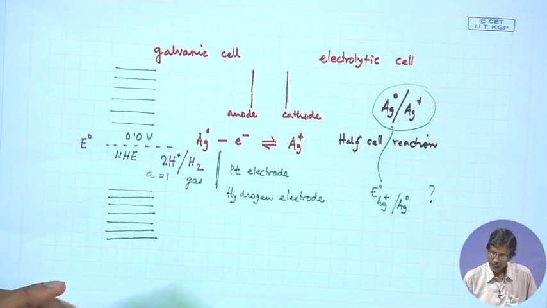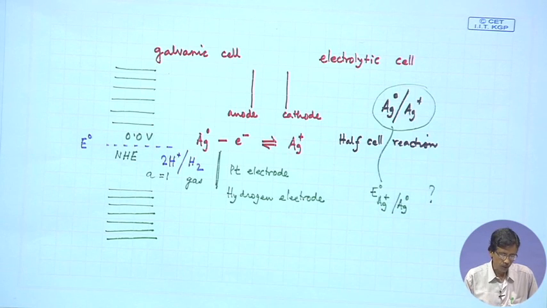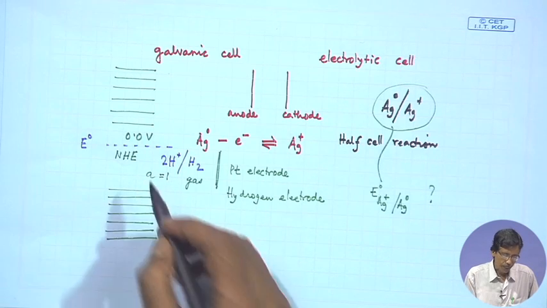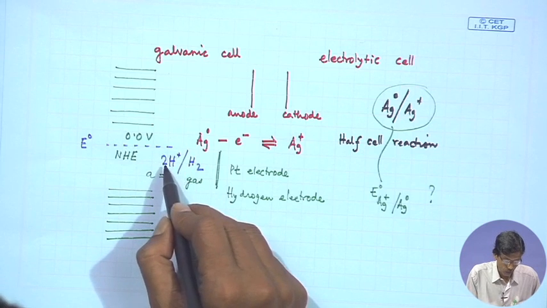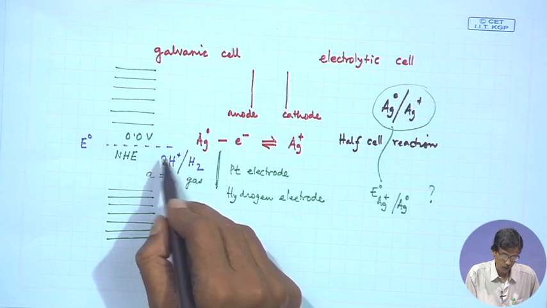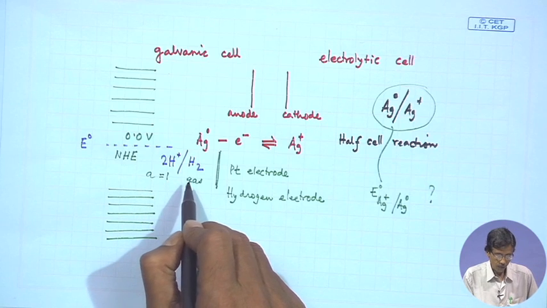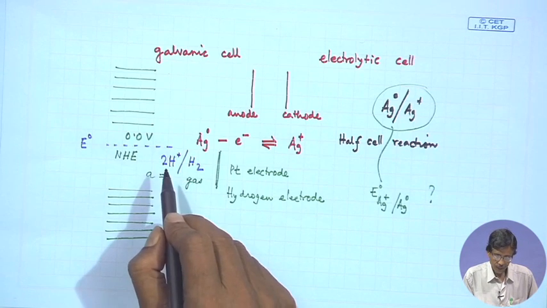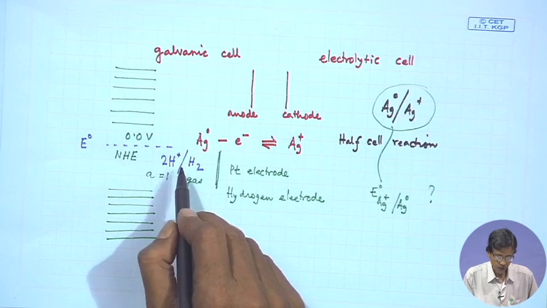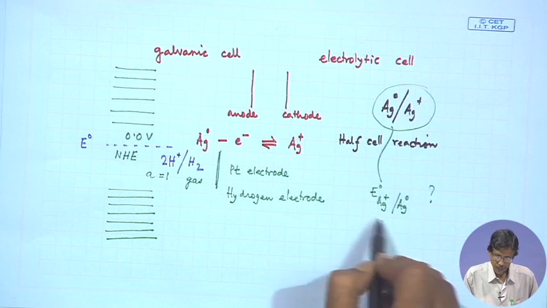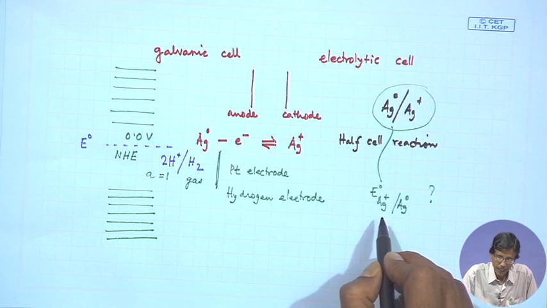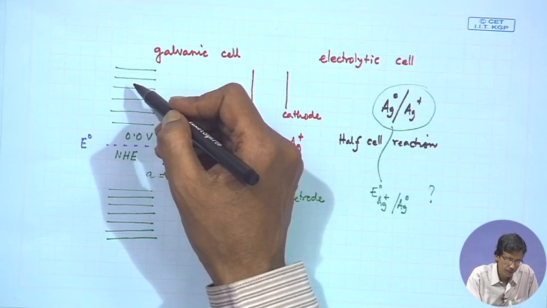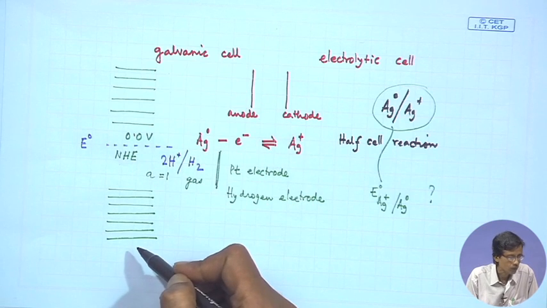Since by definition we are talking in terms of electron transfer reactions with respect to this hydrogen electrode, this tendency, whether it accepts electrons or donates electrons to produce hydrogen ion from hydrogen gas, is a reference. With reference to that, whether the other half cell will be oxidizing or reducing will tell us whether it will be above this 0 level or below this 0 level.